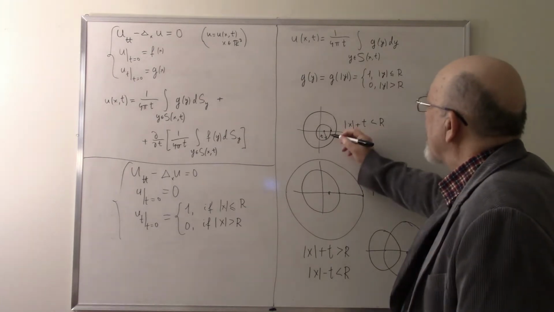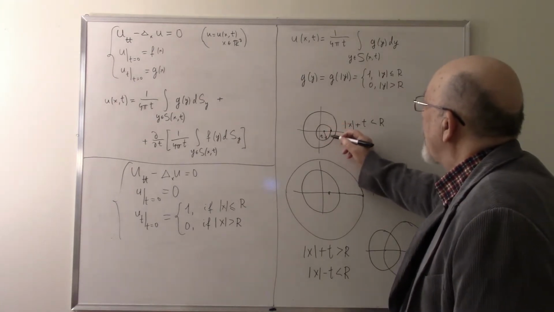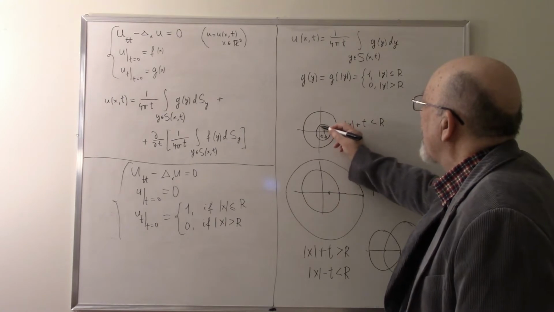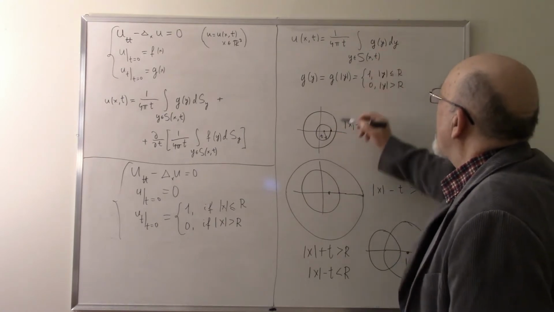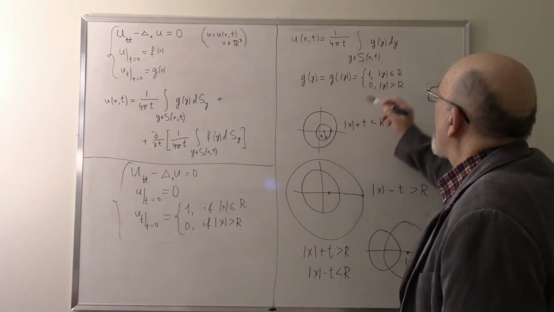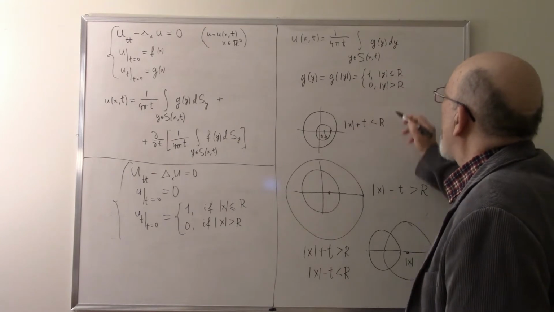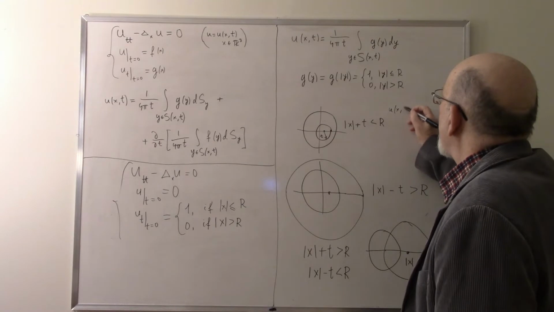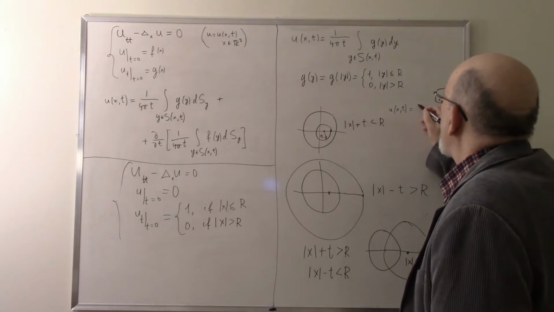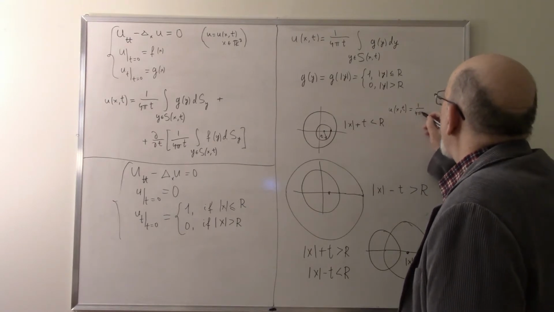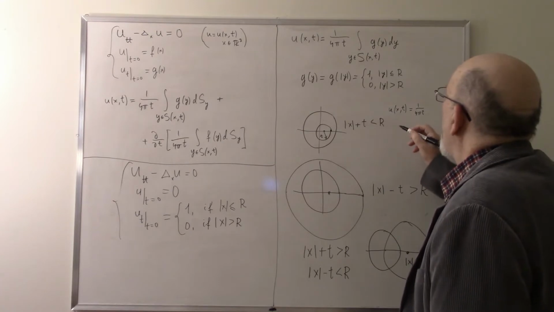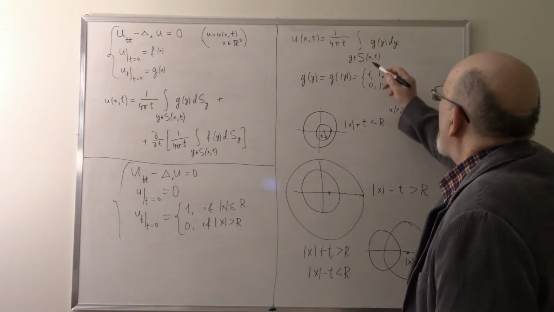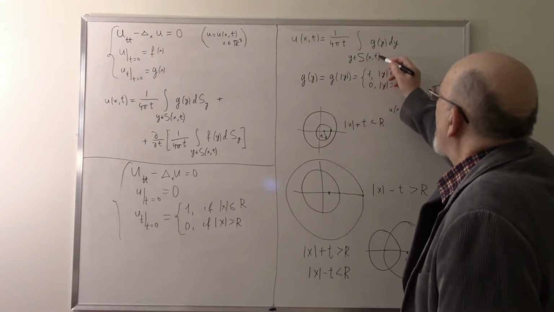In this case, all this sphere is inside the ball where the function g is 1. So here u of x, t equals 1 over 4 pi t times the integral over the sphere of 1.